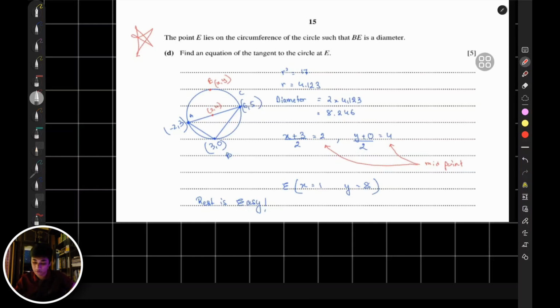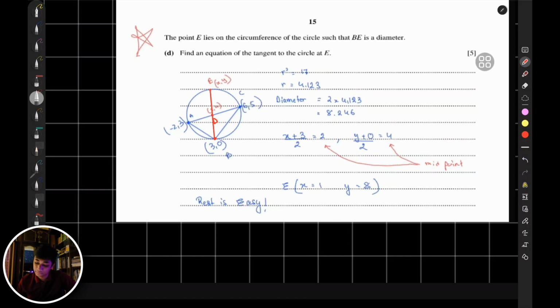So you know a coordinate B. Great. You know the coordinate D, which is the center of the circle. Now you have to find out what is E. You should already know that if you connect B and E, it's going to give you the diameter of the circle.